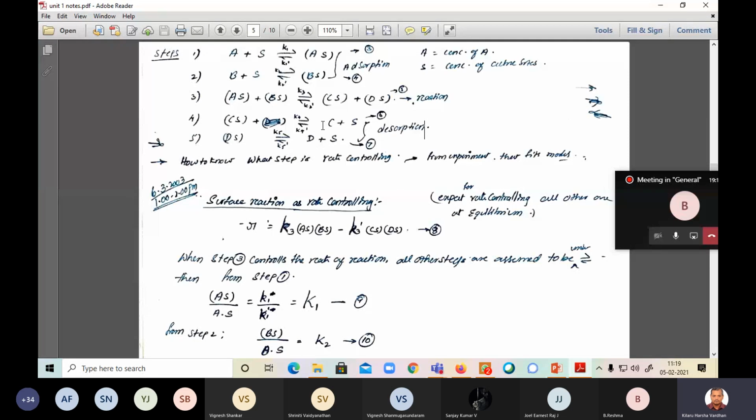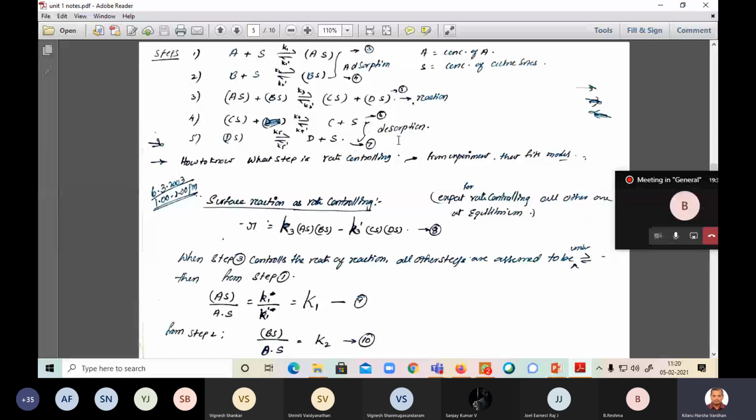Now, what is happening? These intermediates should be desorbed to give you the product. So the next step is this intermediate CS giving you C plus S, again K4, K4 dash, and DS giving you D plus S, therefore K5 and K5 dash.